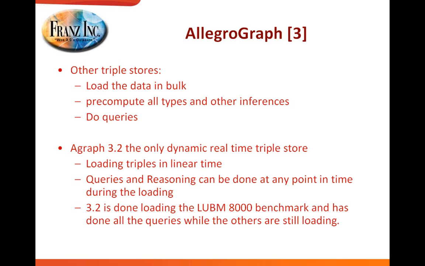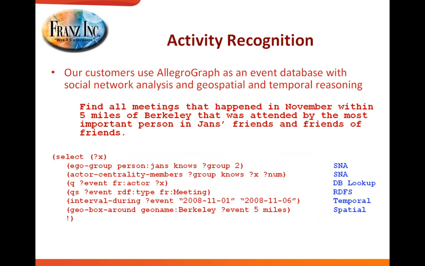And then one particular use case that people use AllegroGraph for. Up till now, I talked about a kind of generic triple store with some special features. But one of the things that people really use us for, and that's because our product is mostly used in the government, is they use AllegroGraph as an event database with social network analysis and geospatial and temporal reasoning.